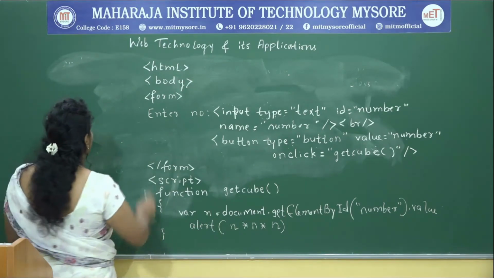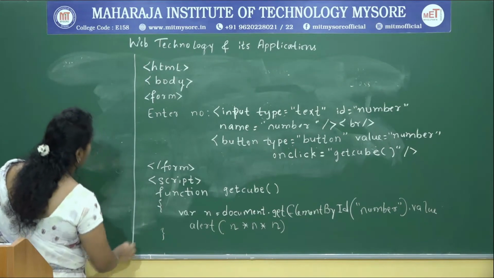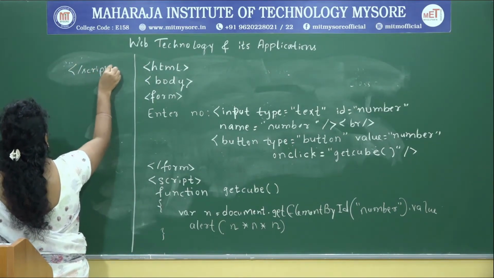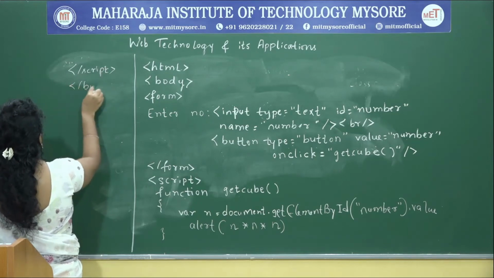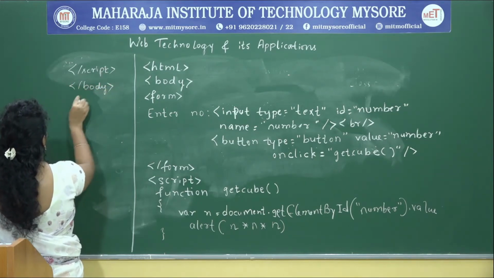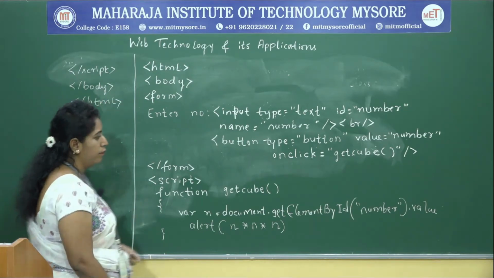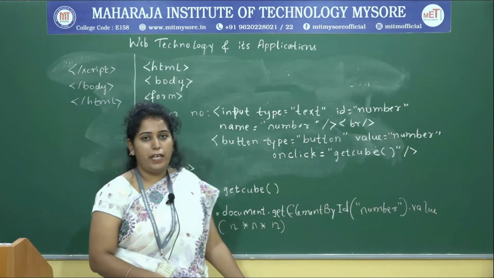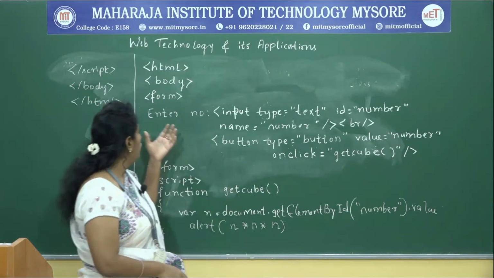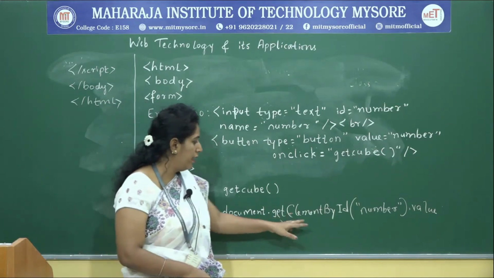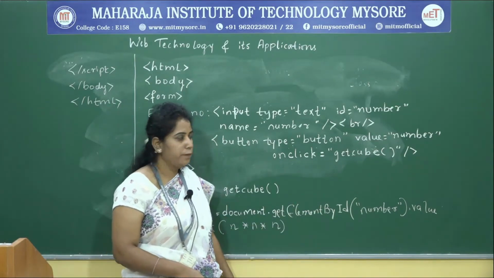Next I have to close the script, and also close body and the root tag HTML. So this is an example where you are defining a function and also implementing the getElementById property.